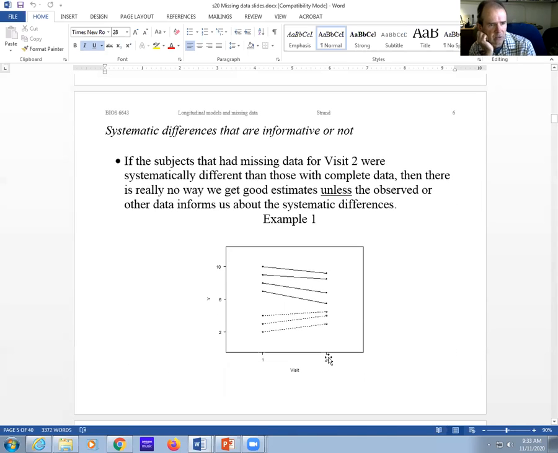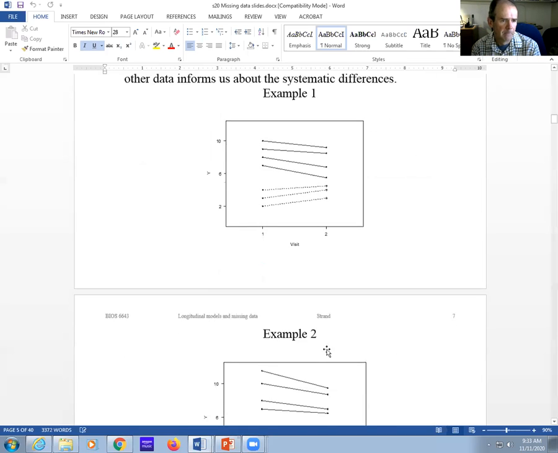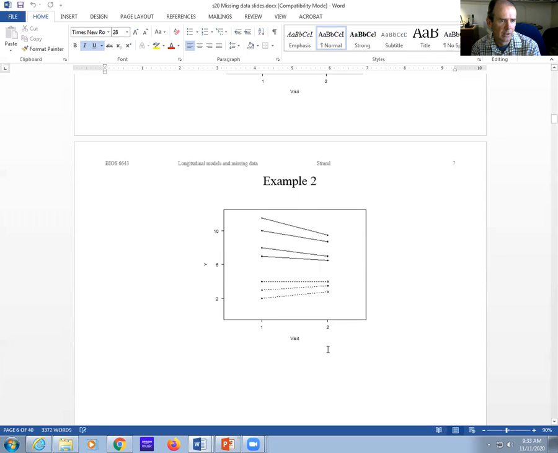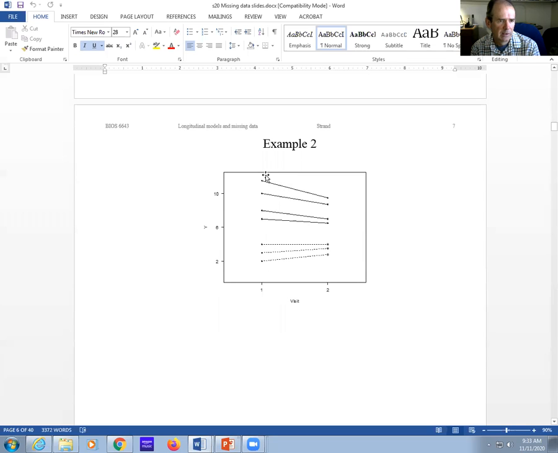If we have this kind of situation, this one's hard because the subjects that you didn't see had a different pattern than the ones that you did see. So it's going to be hard for the researcher to guess this one, right? Example 2, this is one where you see a change, but the change is related to the starting value.